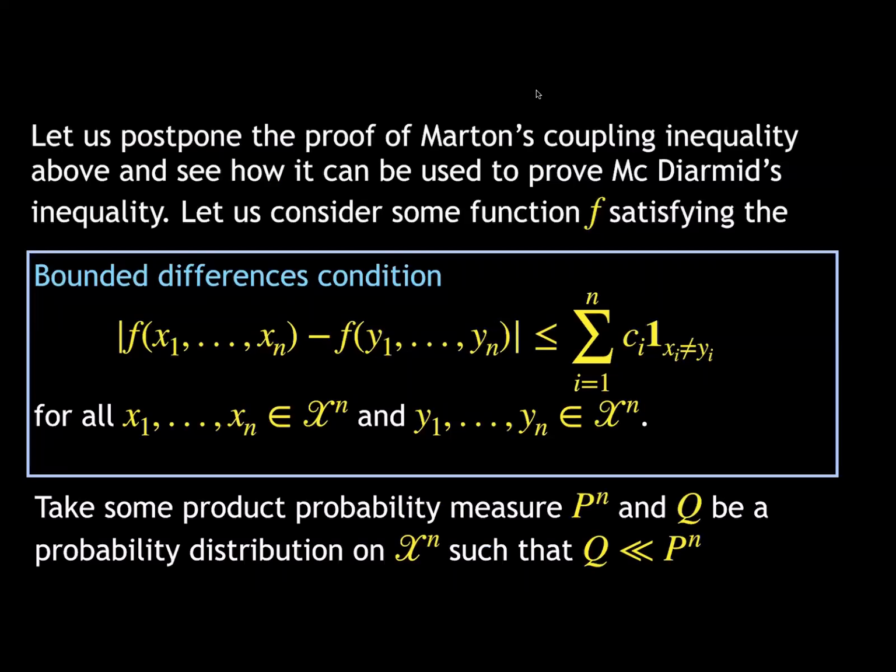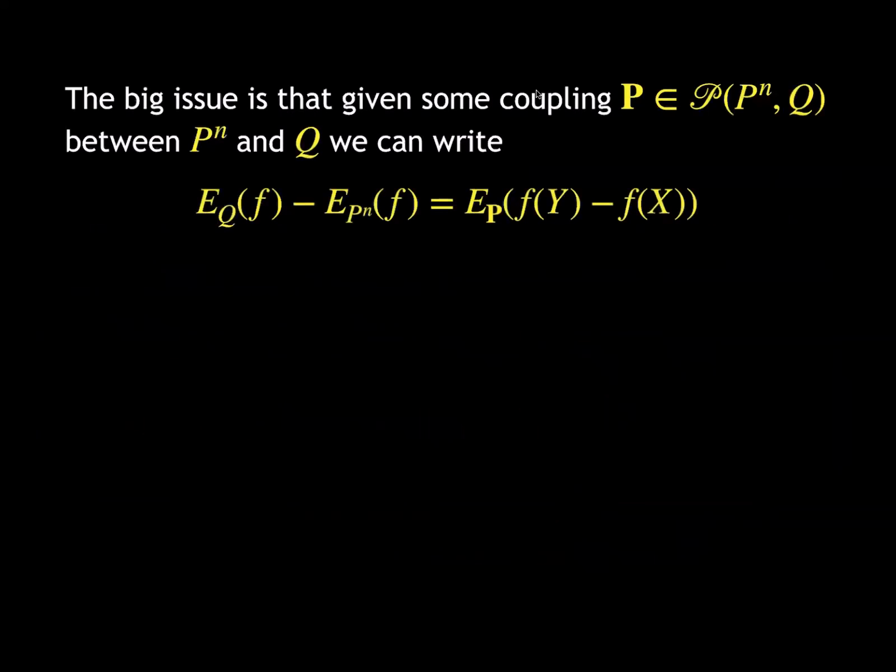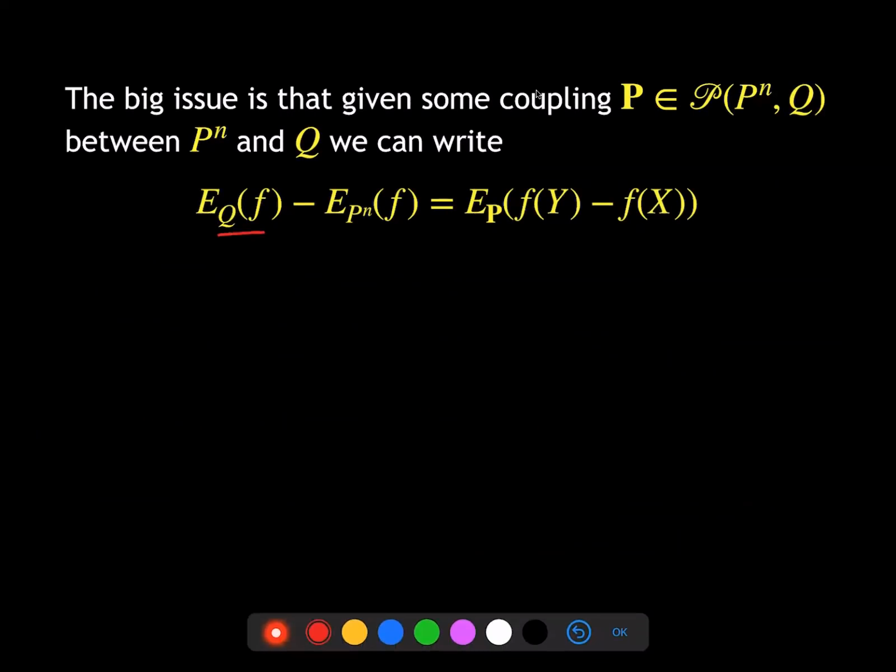To use the transportation lemma, we need to upper bound the difference between the expectation of f under Q and the expectation of f under Pn. The fact that you have built a coupling allows you to compute the difference of those expectations as the expectation of a difference, just because you have this coupling.